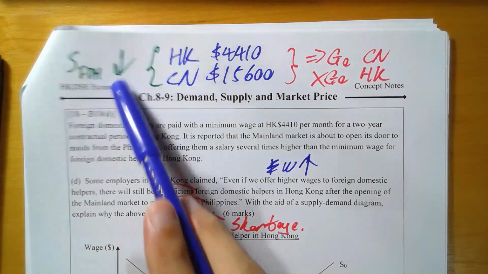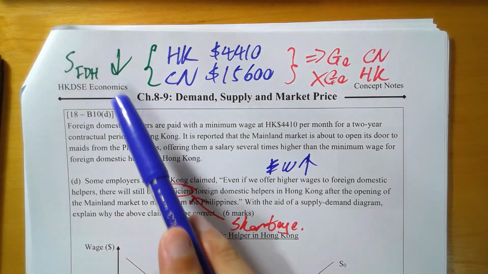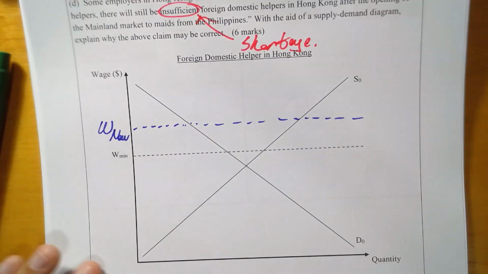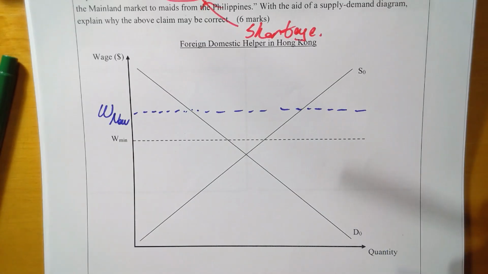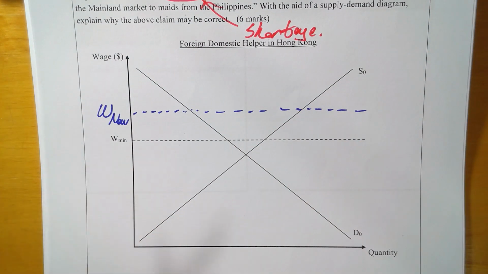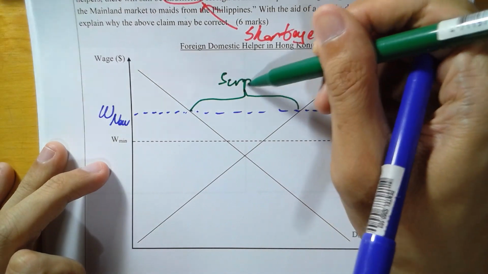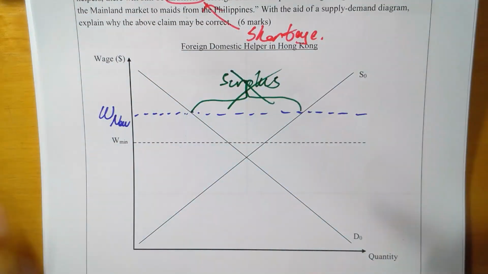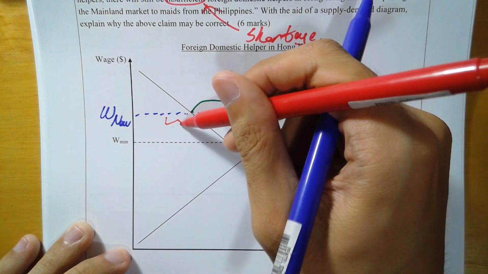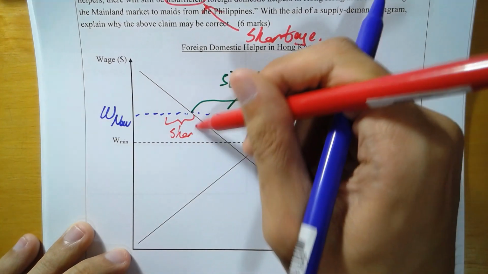Here, because supply needs to decrease. 我哋望一望咩情況啦喎？We need 嗱，we know if we draw here surplus, this is incorrect, right? 我哋應該要倒轉嚟做喎。We need it to be here, shortage.